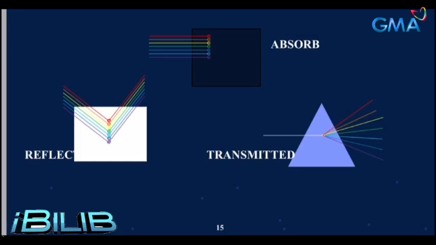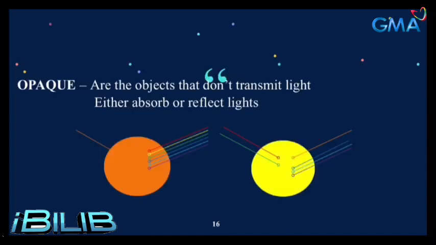But why do objects appear the color they do? It depends on two things: the wavelength of light that is hitting it and the properties of the object. Together, these will determine which light rays are absorbed, reflected, or transmitted.